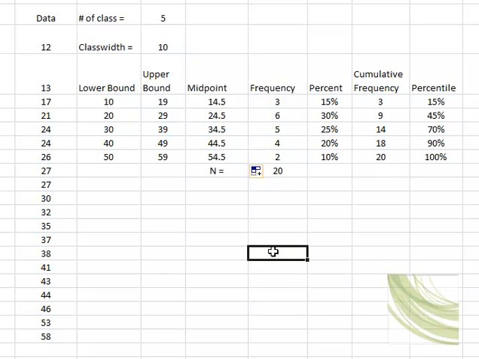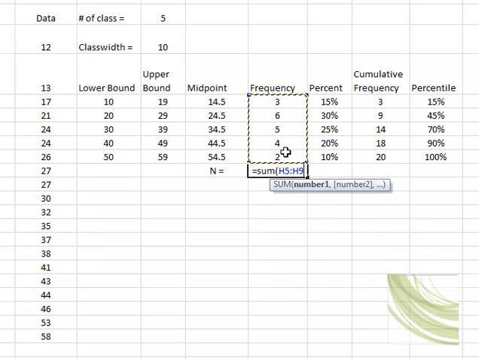So now we want to know the sum of frequency, or say how many data points in total. Certainly we know it is 20. But here we can use the function equals sum of frequency. So we have 20, that's the sample size.